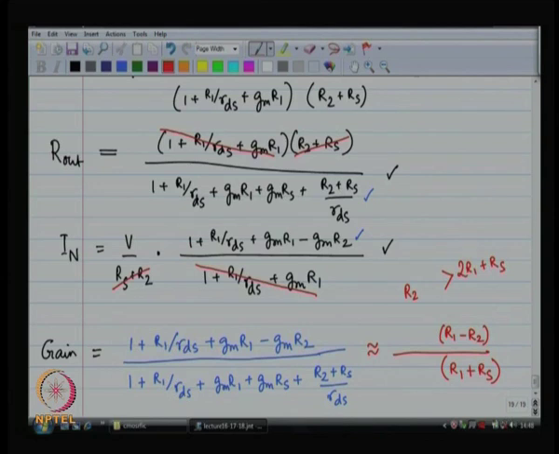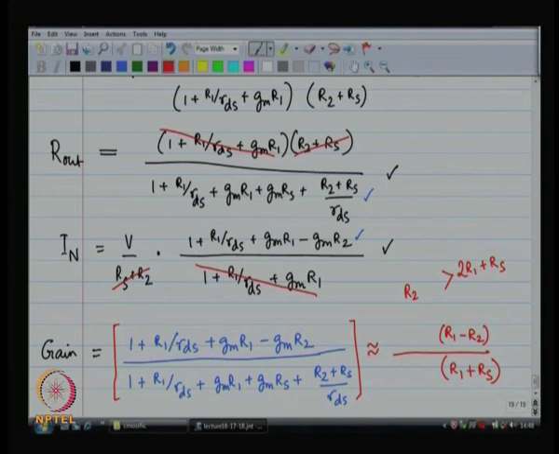So, now that we have some idea of what is going on over here, this is an accurate expression at low frequencies. It has GM in it, it has RDS. So, even for a non-ideal MOSFET model, a good decent MOSFET model at low frequency, you can work it out.